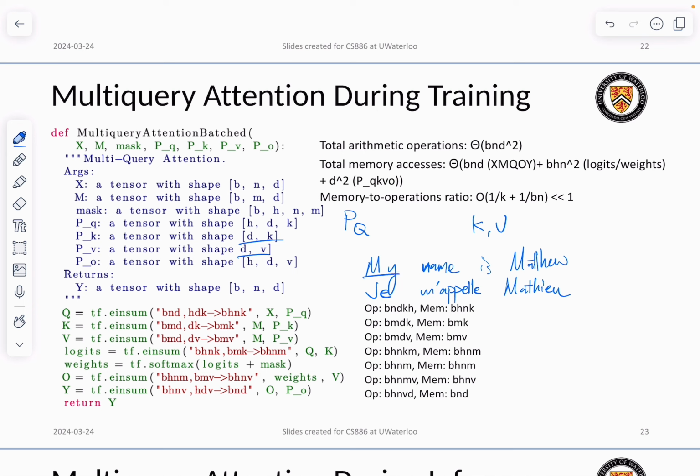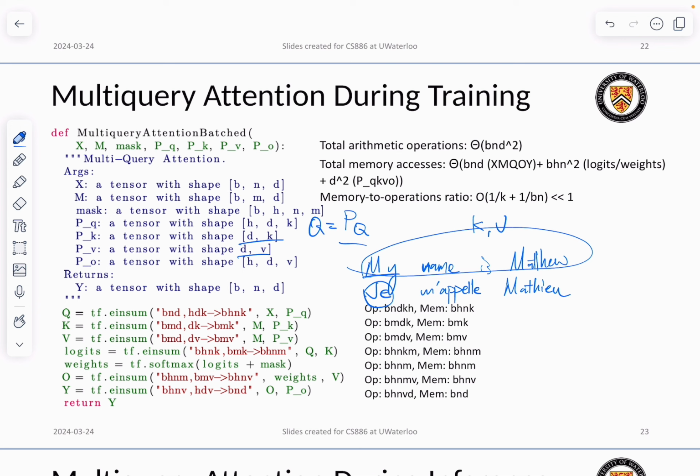At inference we have this entire query, My name is Matthew, and we want to translate it. The first time we're going to get je, and then the PQ, or the Q matrix, is going to remain the same.